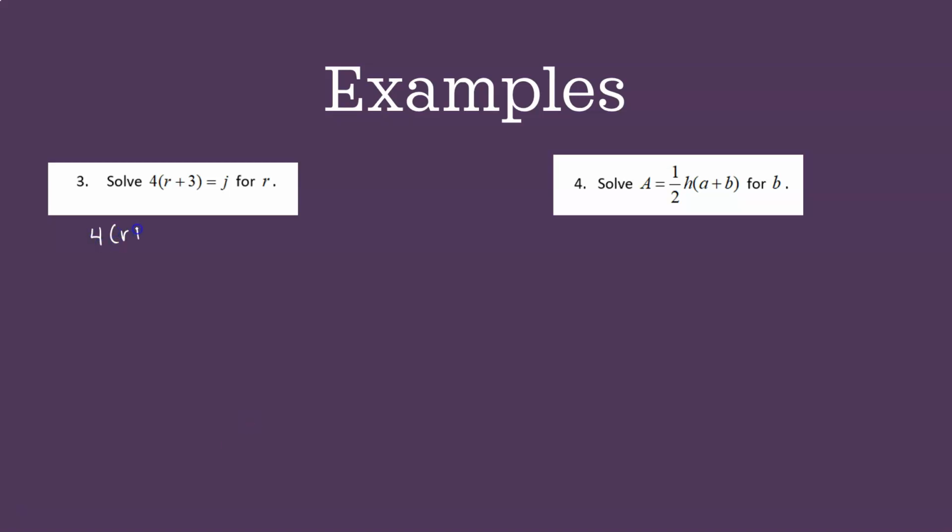So let's do this first. If you distribute first, 4r plus 12 equals j. This is my preferred method, but it's up to you how you want to go. So now I'm going to undo this addition by subtracting 12 from each side.